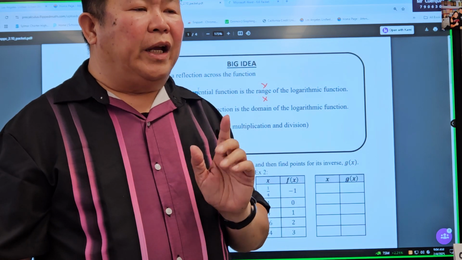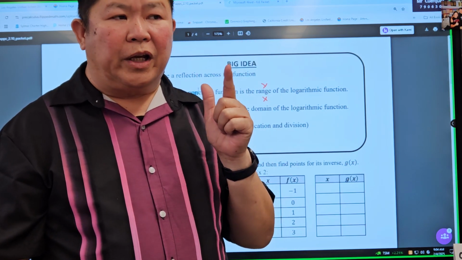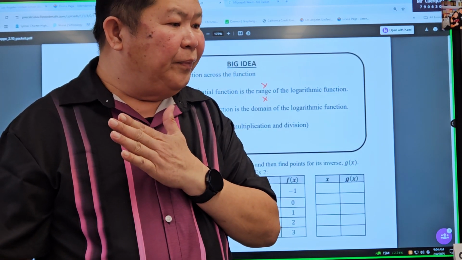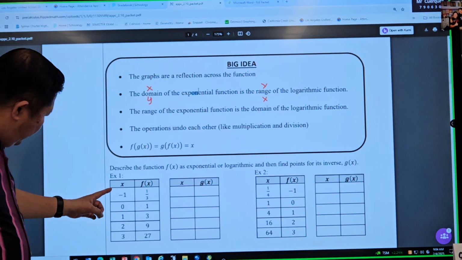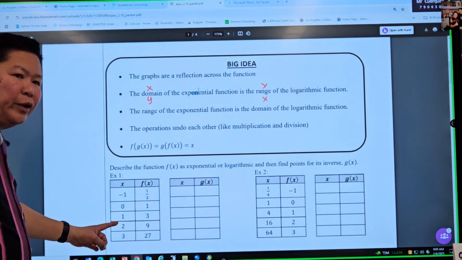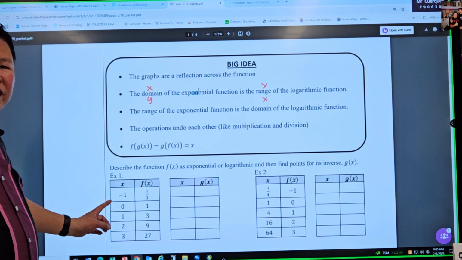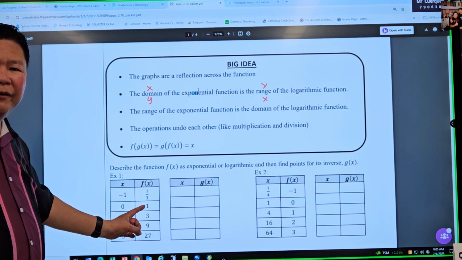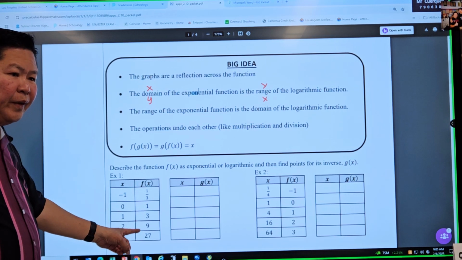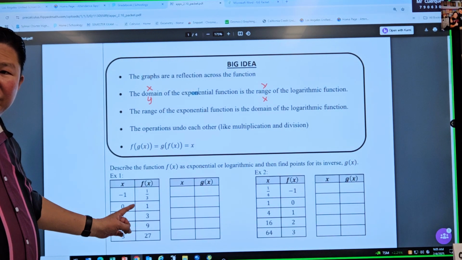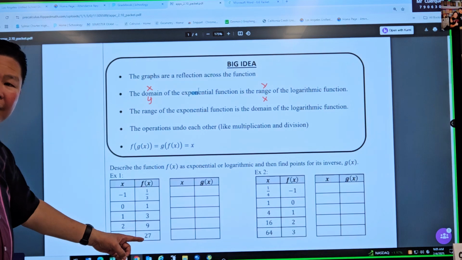And then we can say logarithmic if the multiplication occurs at the x values. Look at this. Is this multiplication right here? Where do you think the multiplication occurs? Is it in the x or in the f of x? F of x. So what's our conclusion for this one? Exponential. Okay, this table is an exponential.